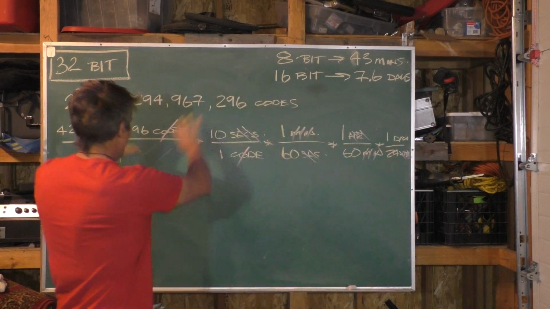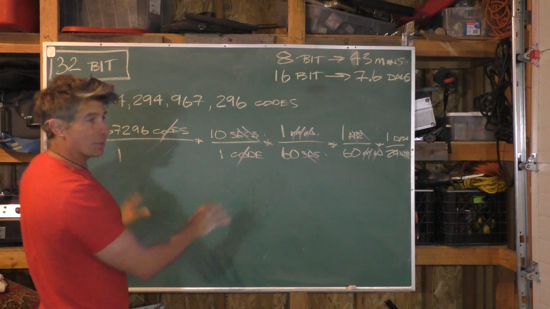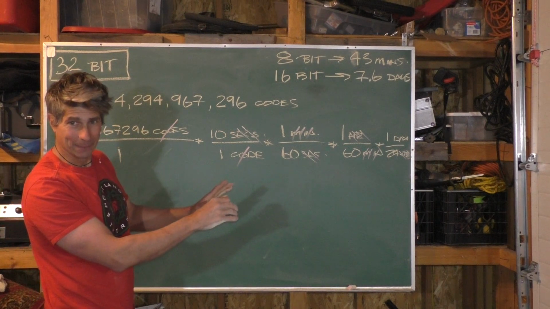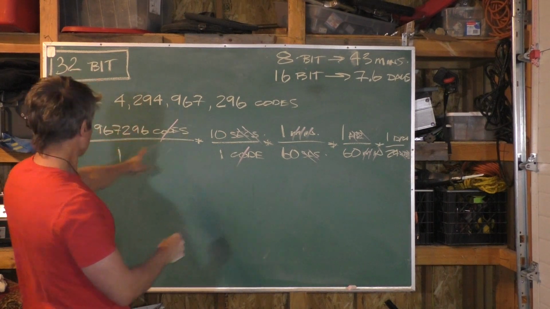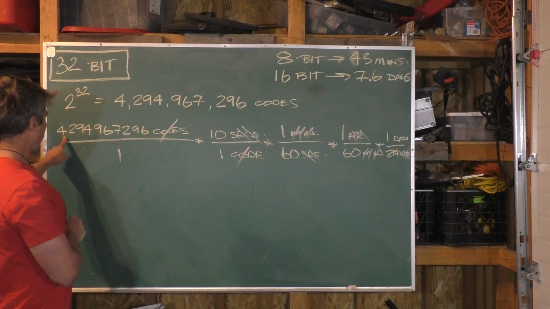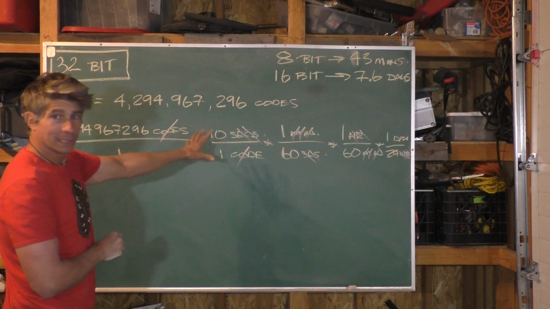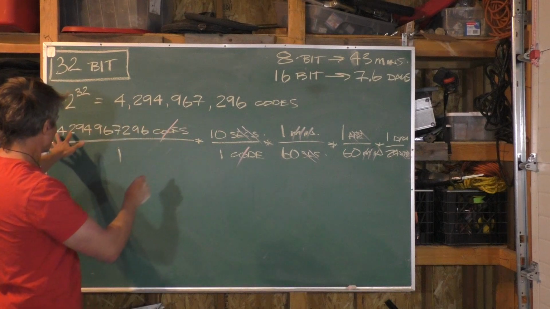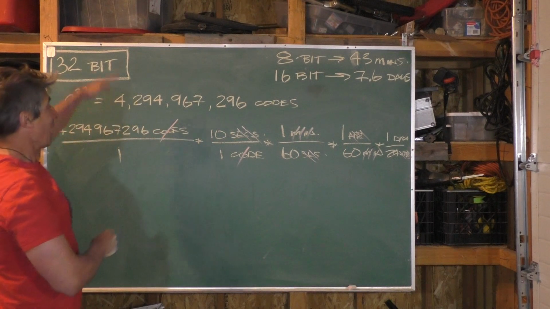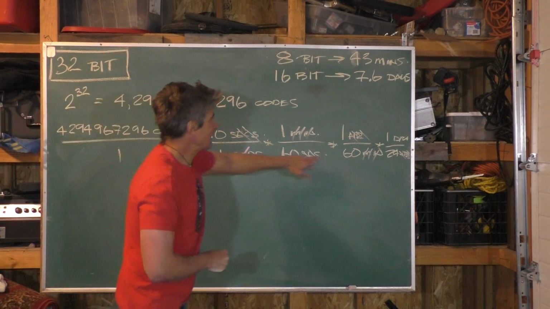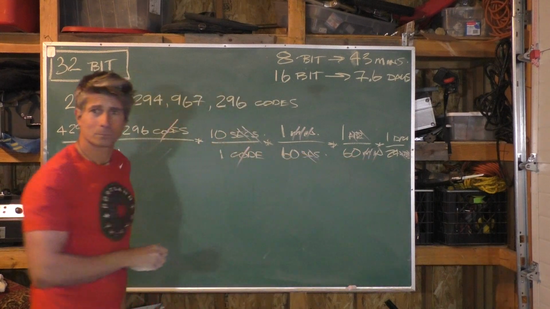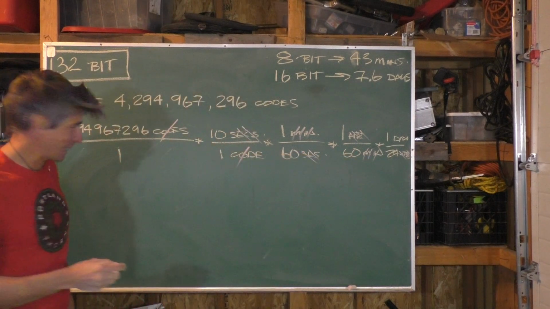So when I do all this math, I'm going to know how many days it takes me to crack this many codes. So it's this 4 billion times 10, which is going to be 40 billion, 42.9 billion. And then I have to divide that by 60 times 60 times 24. Okay? It sounds ridiculous, but it can totally be done.